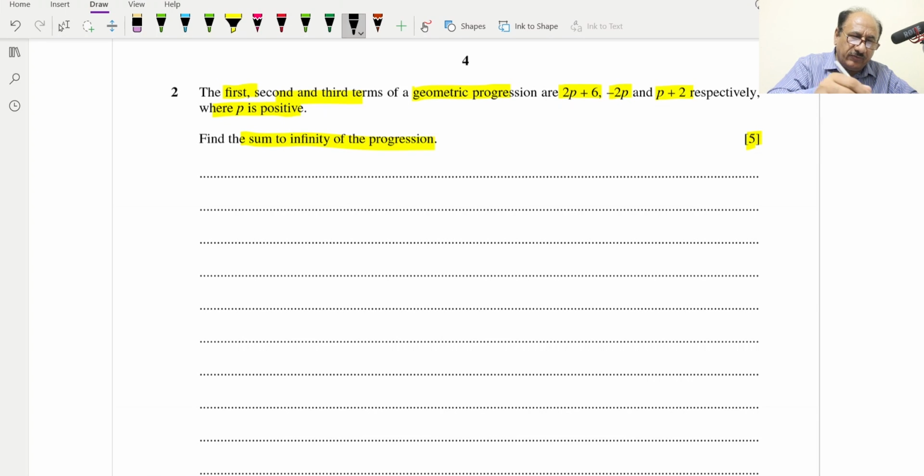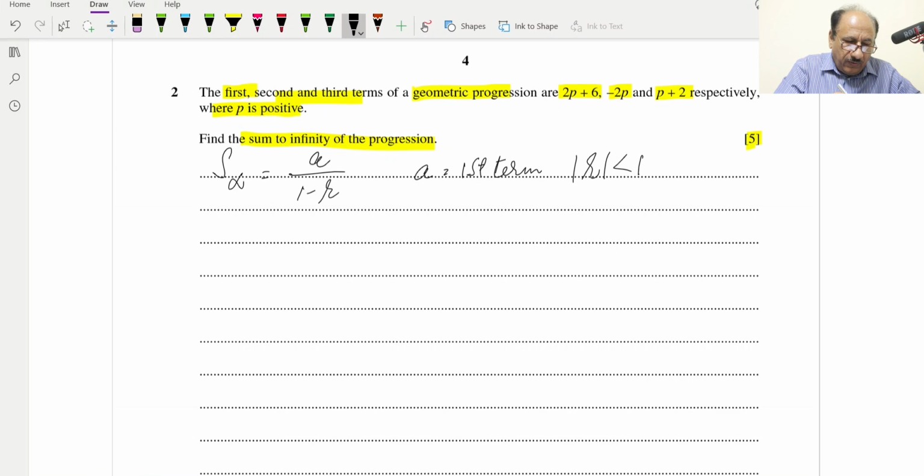We know that the formula for the sum to infinity is a over 1 minus r, where a is equal to the first term, and the modulus of r is less than 1.